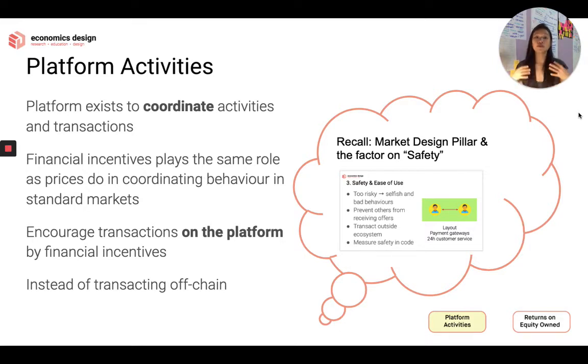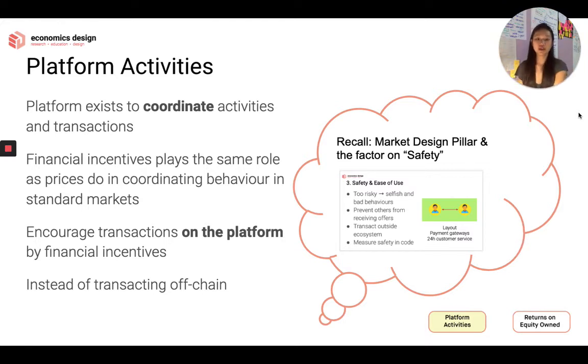We want people to feel safe enough to be transacting on the ecosystem. We want them to feel safe as in security, safety, but we also want people to feel safe as in their preferences are being met, their values being met, their desire is being met on the platform itself. So that is part of market design, as in we're designing the environment for that. But specifically for the tokens itself, we want to make sure that they transact on the platform.